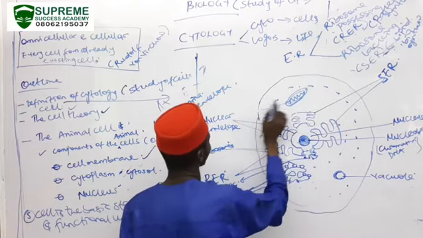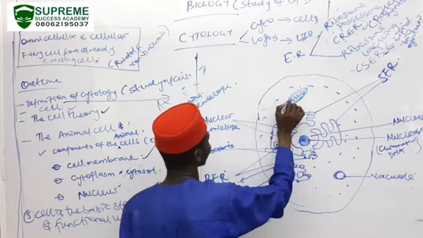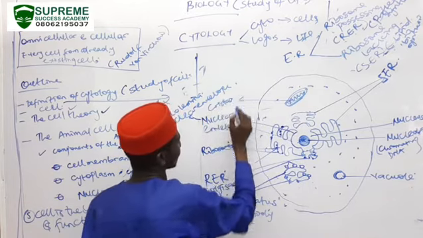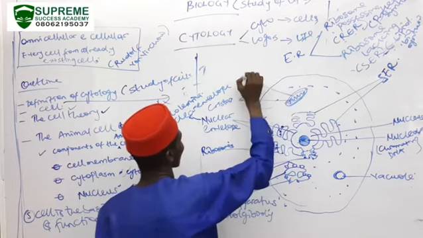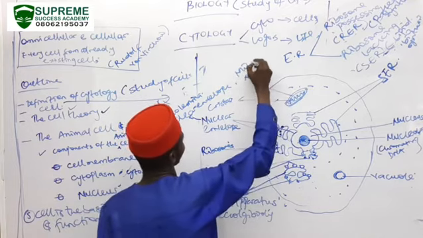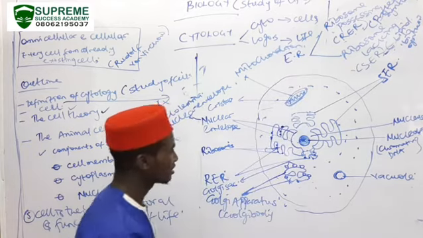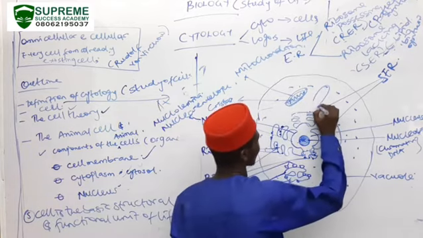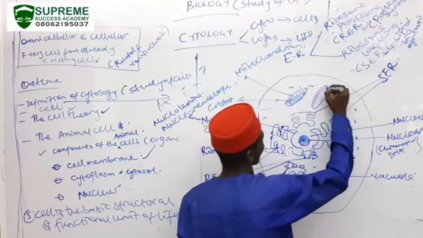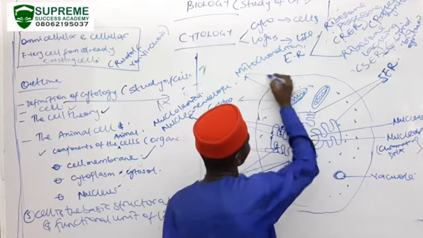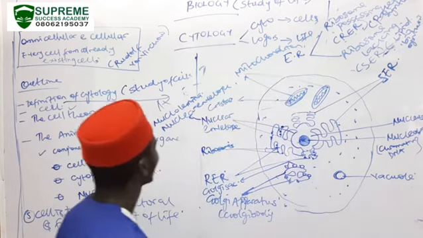This structure, which looks like a zigzag, is called the cristae. This is the mitochondrion. The mitochondrion is more of the energy house of the cell.